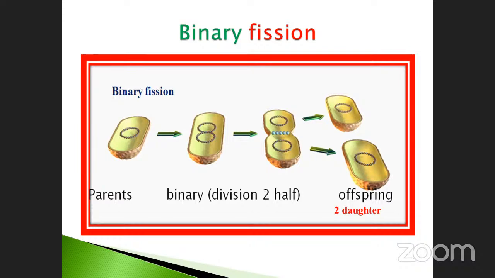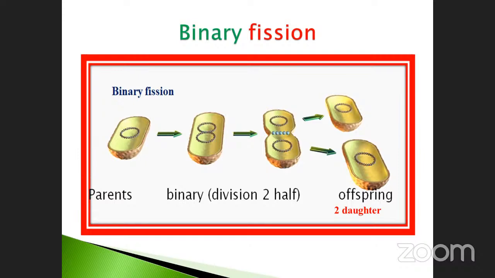So this is a circular DNA, isn't it? The circular DNA divides into two copies. That process is called what? Anybody? Kavya?